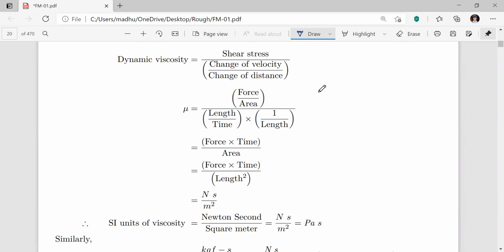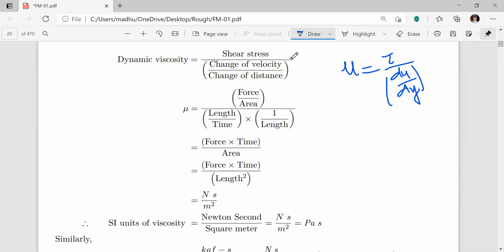I will go again with the same equation: shear stress divided by change in the velocity divided by change in the distance. So mu is equal to tau divided by du by dy is the equation for the dynamic viscosity.